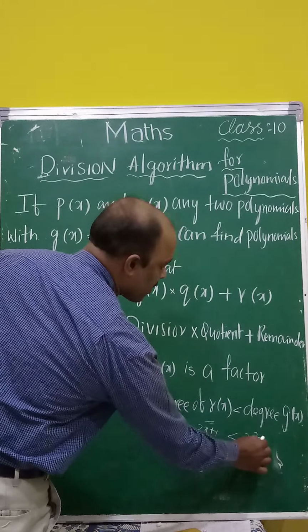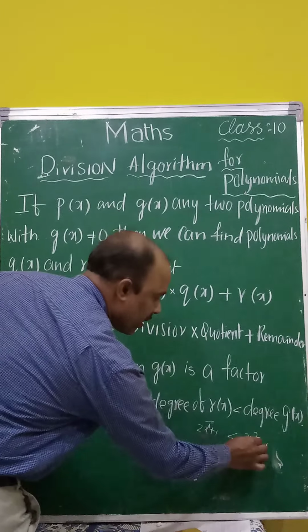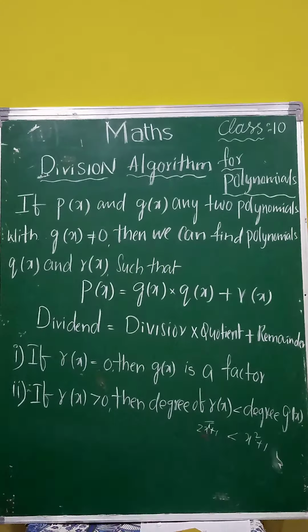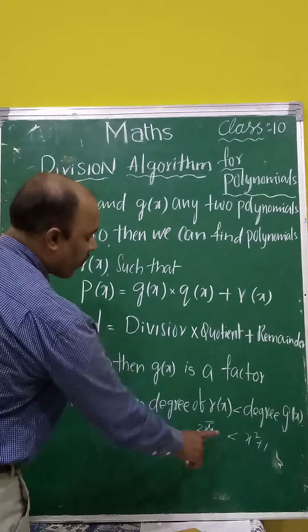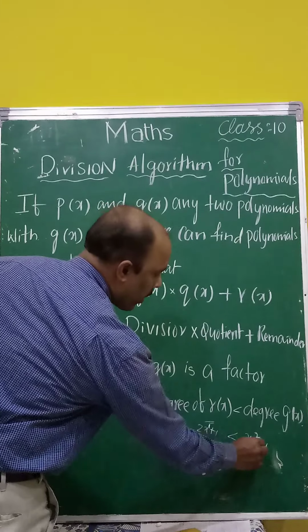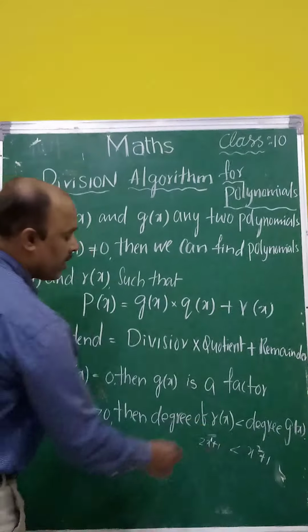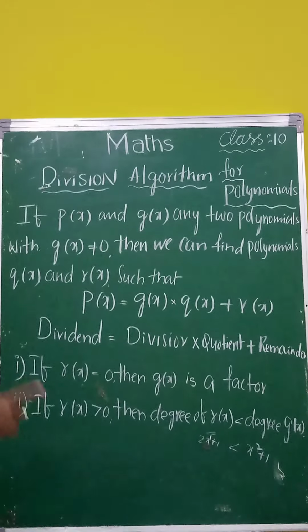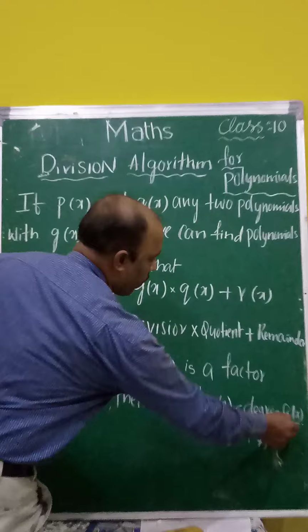Suppose the remainder you got is 2x plus 1, and g of x is x square plus 1. Here x power 1, and here 2. That condition applies. Listen again, if r of x is greater than 0, then the degree of r of x, that is x power 1, is less than x square plus 1. The remainder degree is always less than the degree of the divisor g of x.